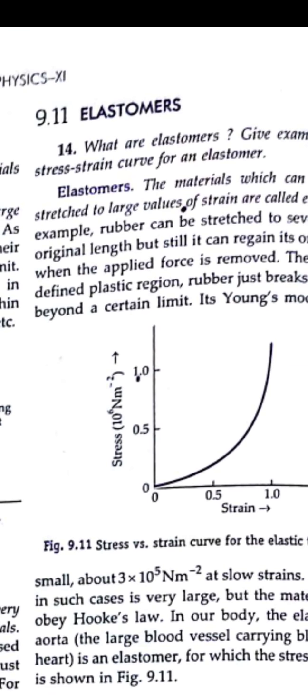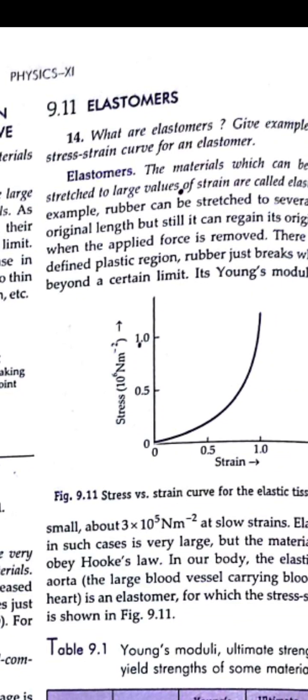So here you can see the topic, elastomers. What are these elastomers? They are materials which can be elastically stretched. We know that a body which can be stretched and regain its original size is an elastic material. Stress and strain are directly proportional, so if the stress is increased, the strain is also increased.